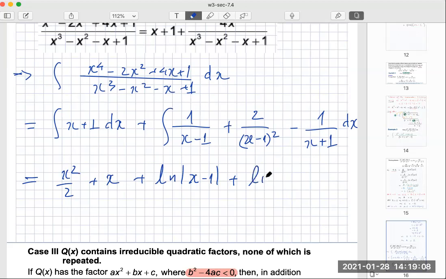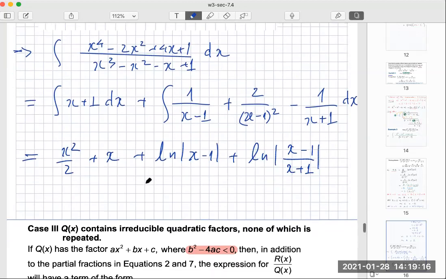It is natural log of x minus 1 over x plus 1, okay? And the last one is negative natural log of x plus 1 plus a number c, where c is in R, okay? Double check it.